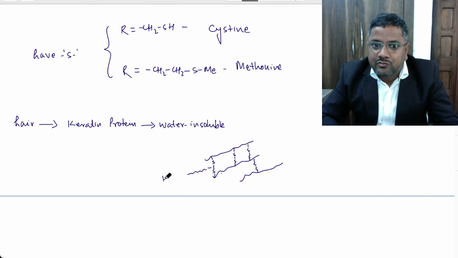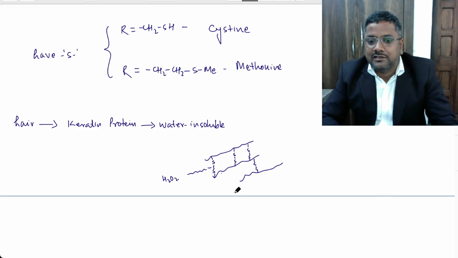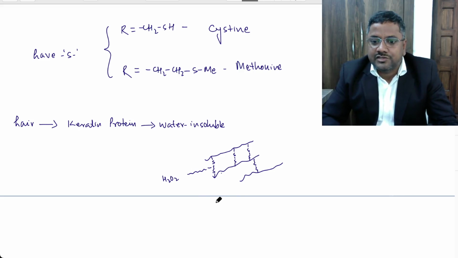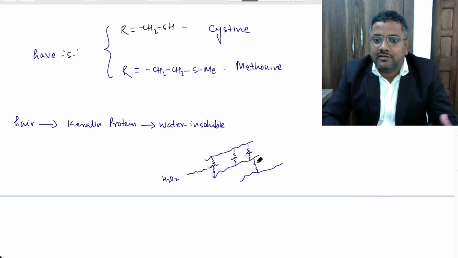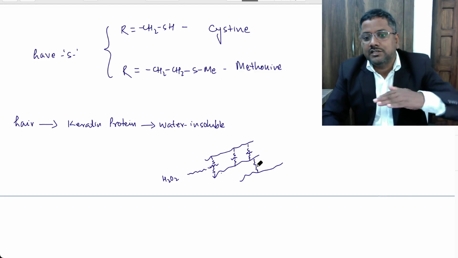If you put H2O2, a human friendly chemical in dilute strength, it does not harm your skin or any part. So this H2O2, a good oxidizing agent, can be used to break this disulfide linkage. And if you are able to break all these disulfide linkages, your hair becomes straight for some time.